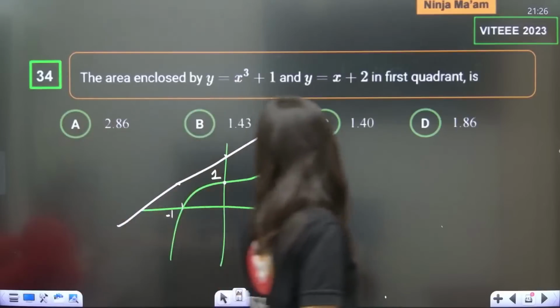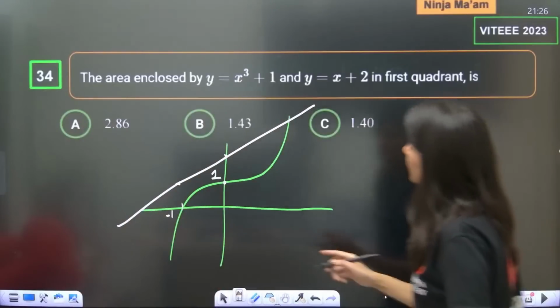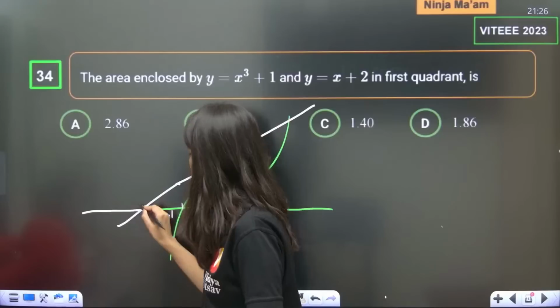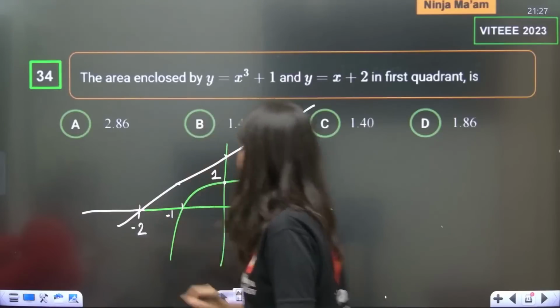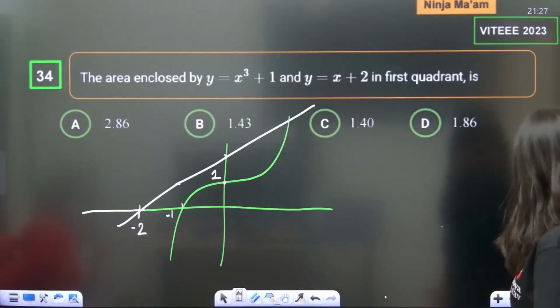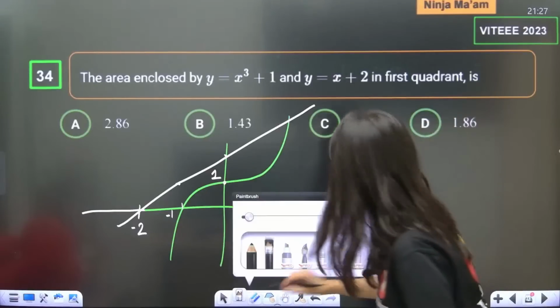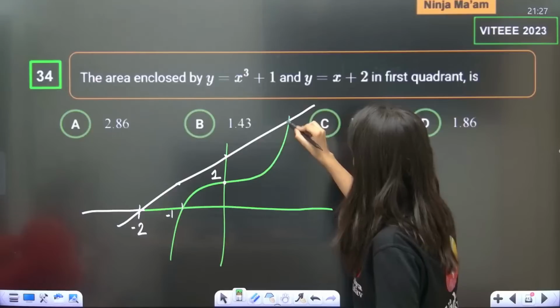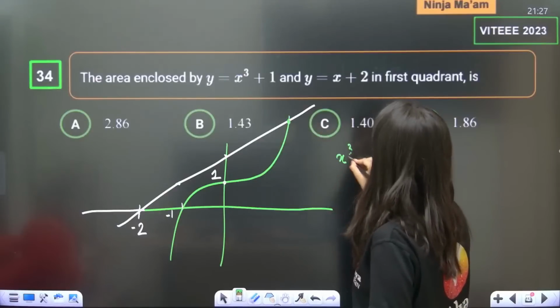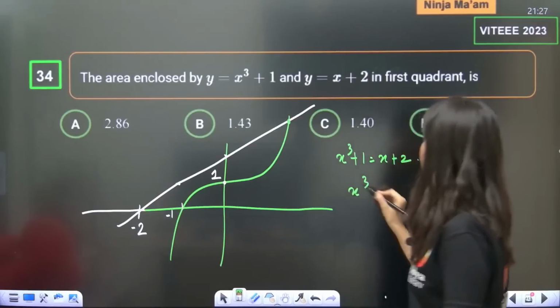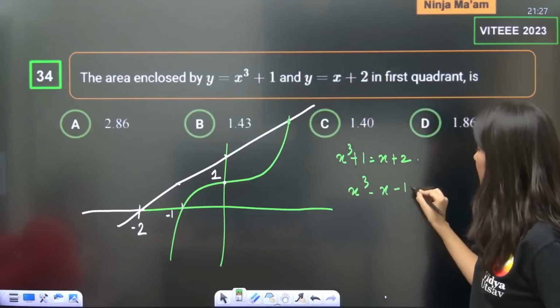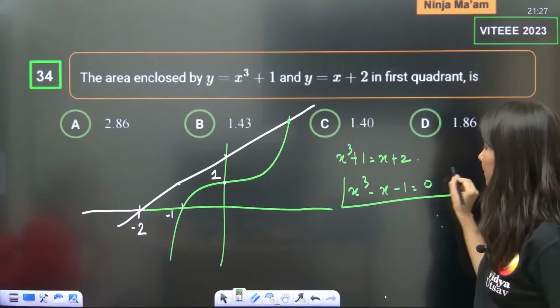This is the line. Okay, and this is what? Minus 2. This is y equals 0, x equals to minus 2. So area enclosed by this, and this is the point which we are looking for. What is this point? X cube plus 1 is equals to x plus 2. So x cube minus x minus 1 is equals to 0.